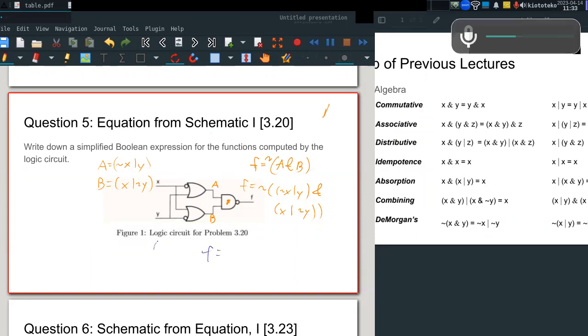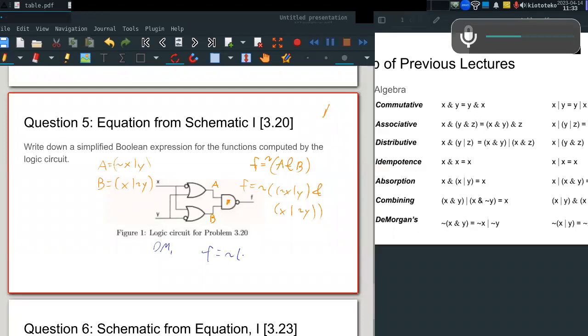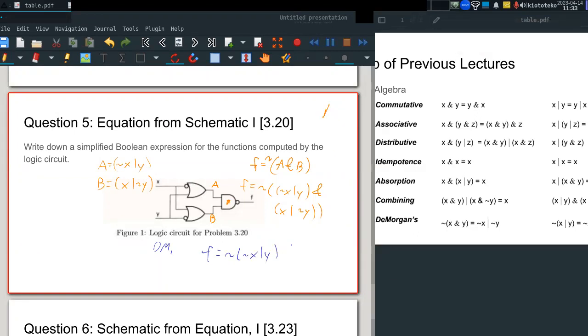So by De Morgan's, we can first try doing it this way. Or not X Y, and then we apply the not operator further, so it would be X, Y, not Y. Okay, does it make sense to everyone?